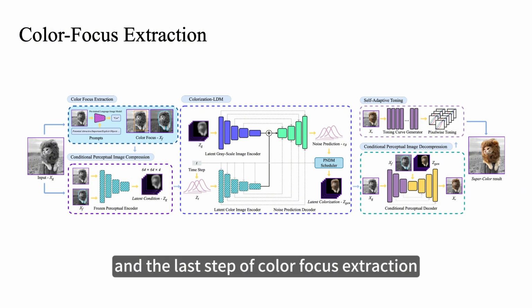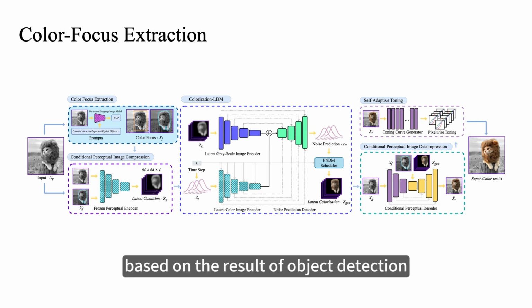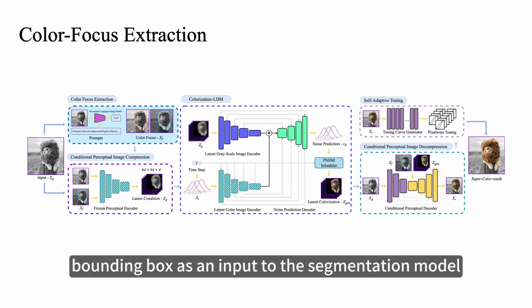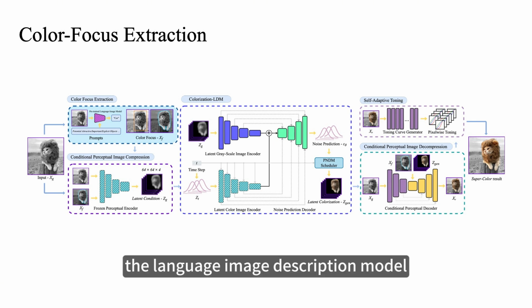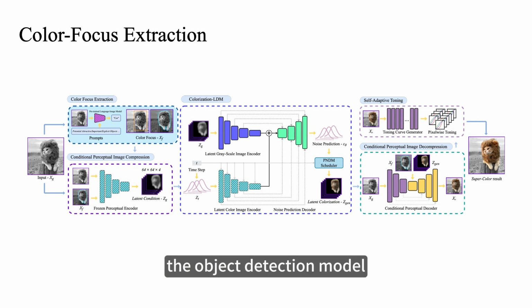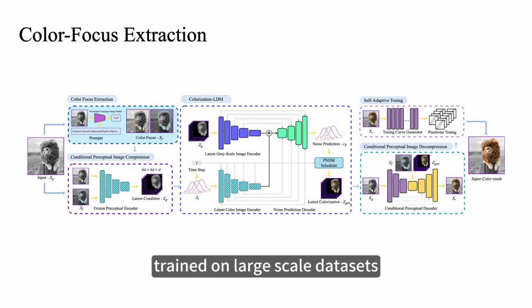And the last step of color focus extraction is object segmentation. Based on the result of object detection, we use the bounding box as an input to the segmentation model to achieve color focus extraction. The language image description model, the object detection model, and the object segmentation model can all be trained on large-scale datasets, making the models more generalizable.